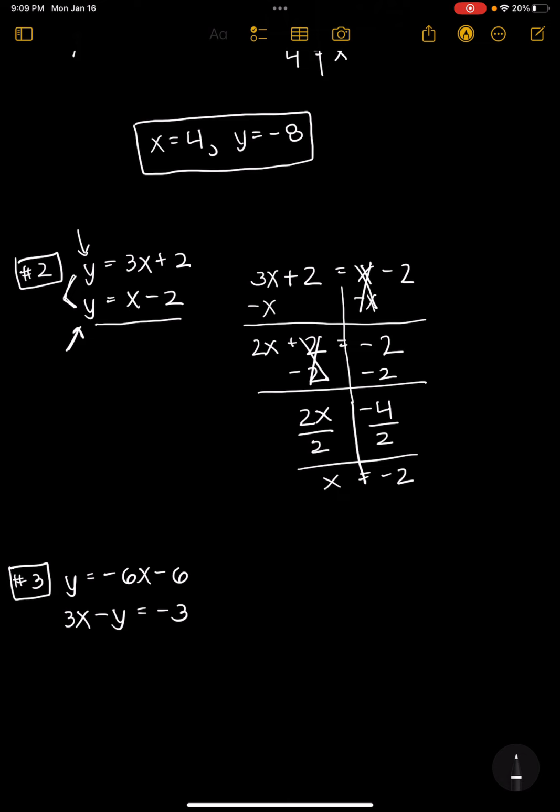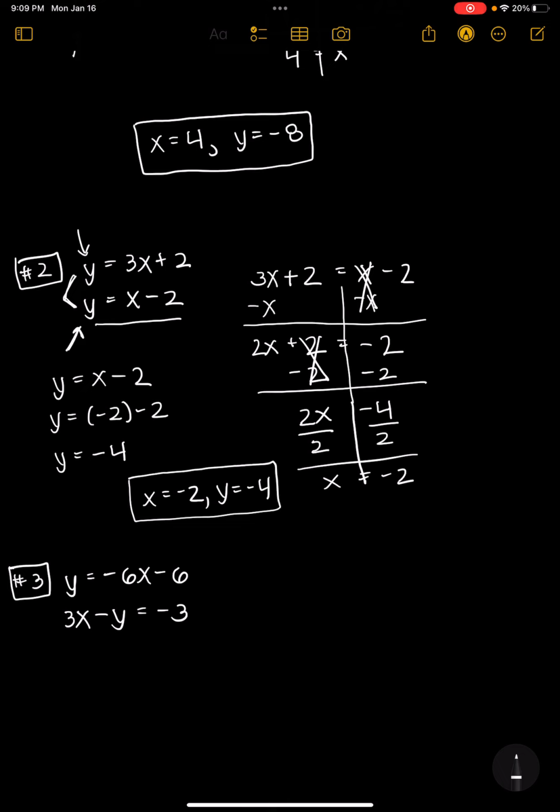So I'm going to take y equals x minus 2. But I know now that x is equal to -2, so I'm going to replace the x with -2, which gives me y is equal to -2 minus 2. Then I can plug that into a calculator, which gives me y is equal to -4. And now I have both my answers. I know that x has to be equal to -2 and y has to be equal to -4.